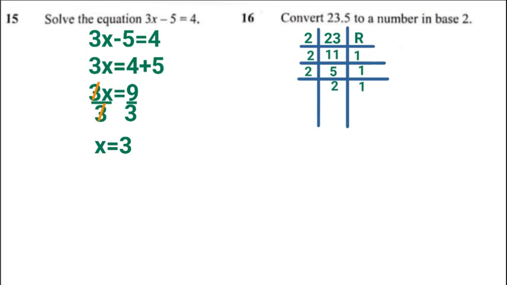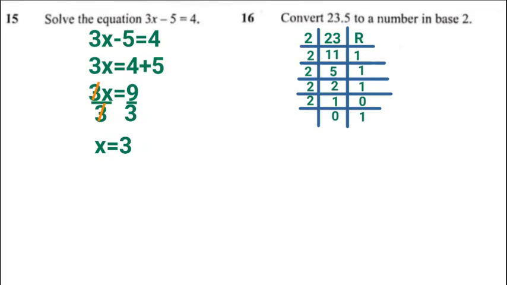Then I'm going to divide 2 by 2, which gives me 1, remainder 0. Then I'm going to divide 1 by 2, which goes to 0, remainder 1. Now, since there is 0 in the middle here, that means my calculation has finished.